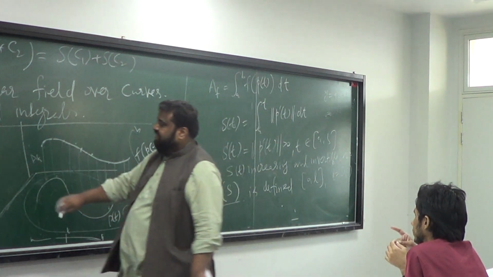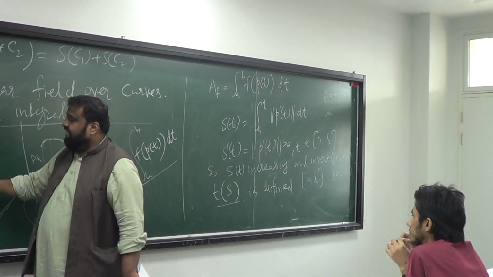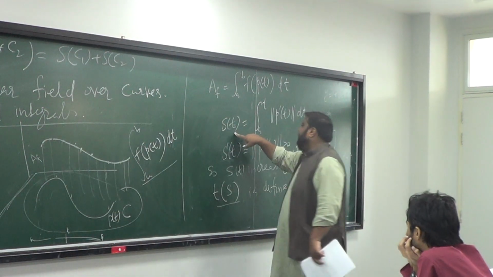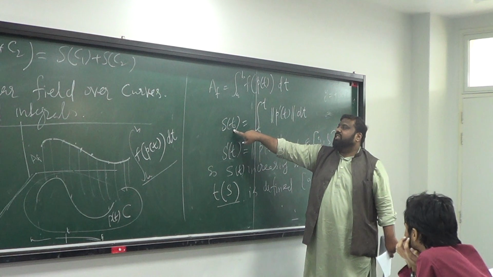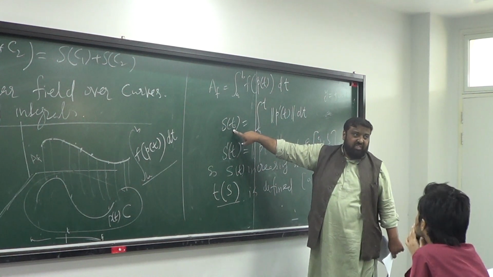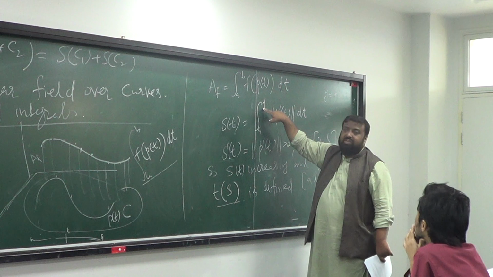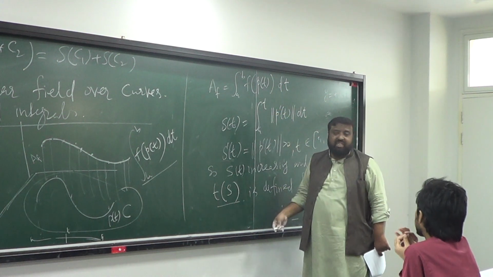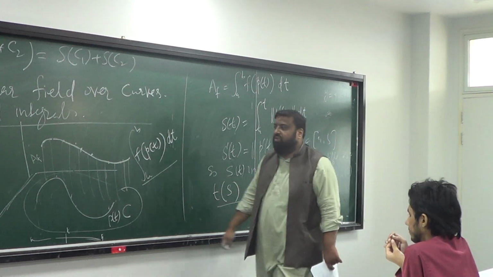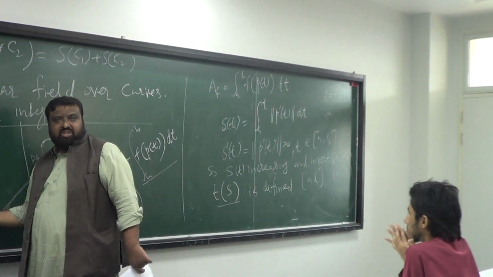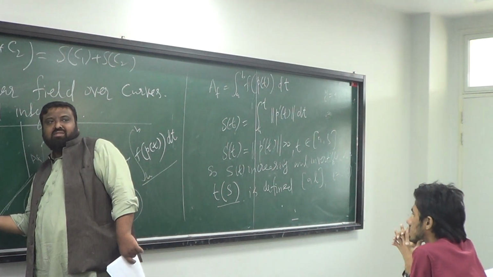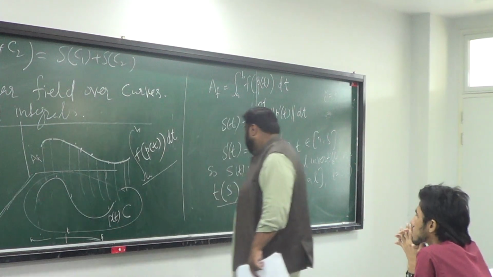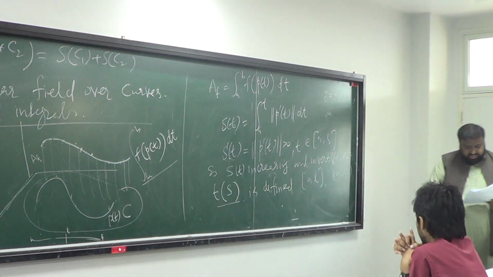S of t is a function that depends on t. It starts from A and goes to B, where t is a point in the interval A to B. So it is defined over the entire domain, and its inverse is defined here. That's what we will see.